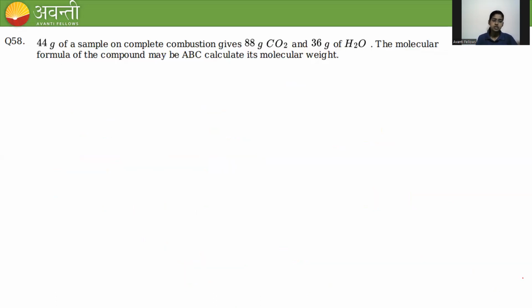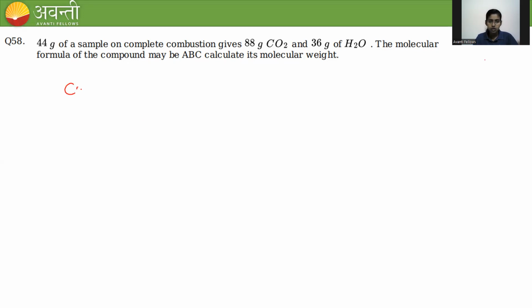Then coming to the next question. 44 grams of a sample on complete combustion gives 88 grams of carbon dioxide and 36 grams of water. The molecular formula of the compound may be ABC. Calculate its molecular formula.